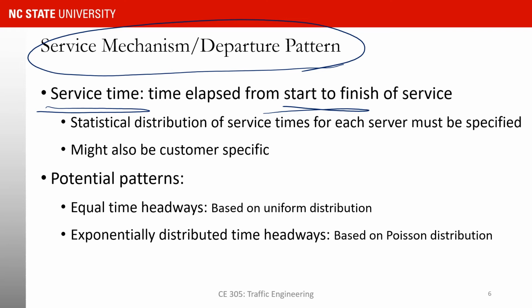So this is the time that it takes to provide that service, and that time could be uniform or it could be stochastic and follow an exponential distribution. So if it's fixed, we use D. If it's stochastic, we use M.